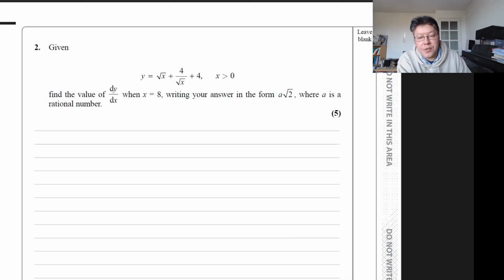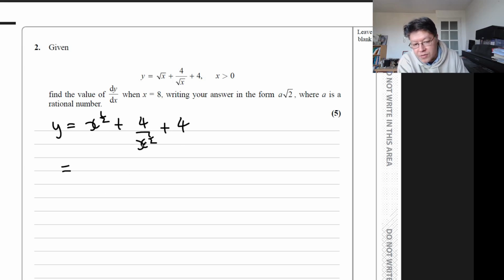Okay, so in this question we need to differentiate this function and work out the derivative when x equals 8. So we'll first begin by writing it in index notation. So we have y equals x to the half plus 4 over x to the half plus 4. And then we're going to bring the x's onto the top.